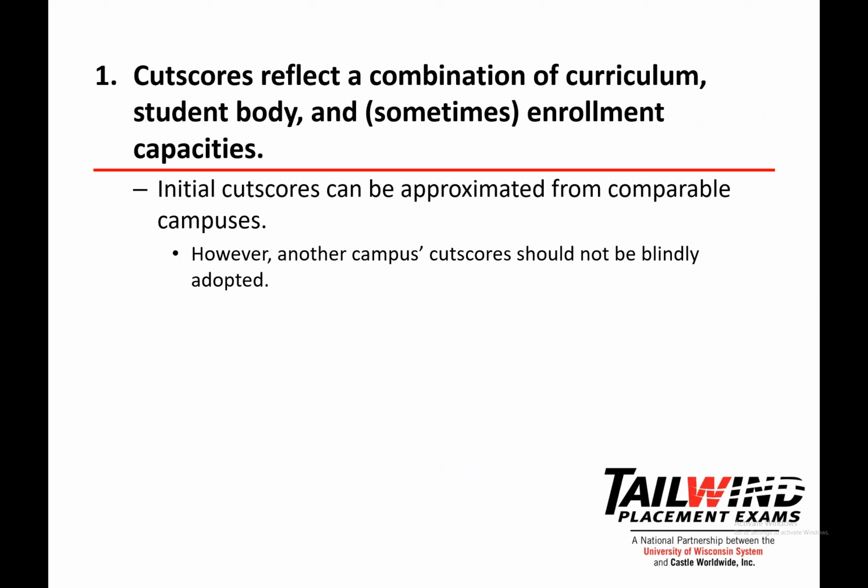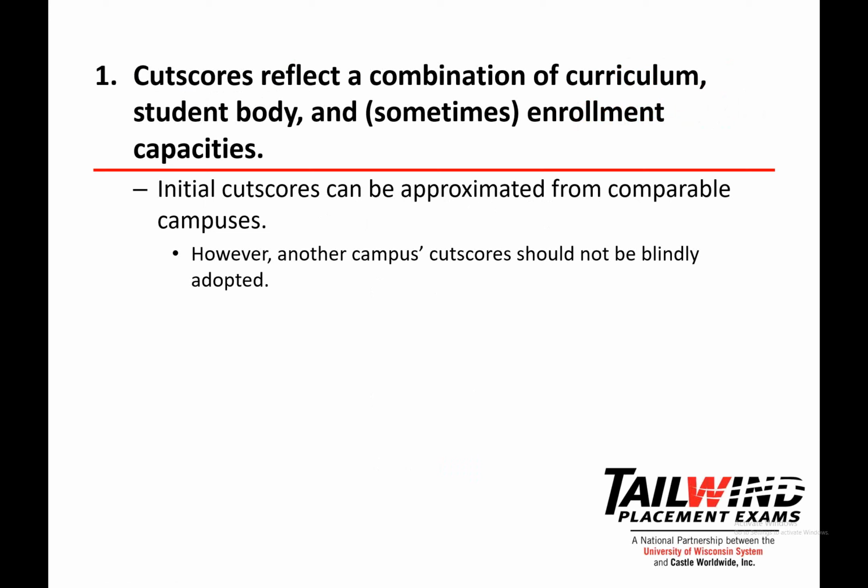And one of the questions that we get is, well, what do we do when we're trying to set Cutscores from scratch? And so one possible approach would be to identify another campus, or even better, more than one campus that has a similar student population and a very similar curriculum to your own. The Cutscores that are in use for those similar campuses can be used as an initial starting point for determining your own Cutscores.